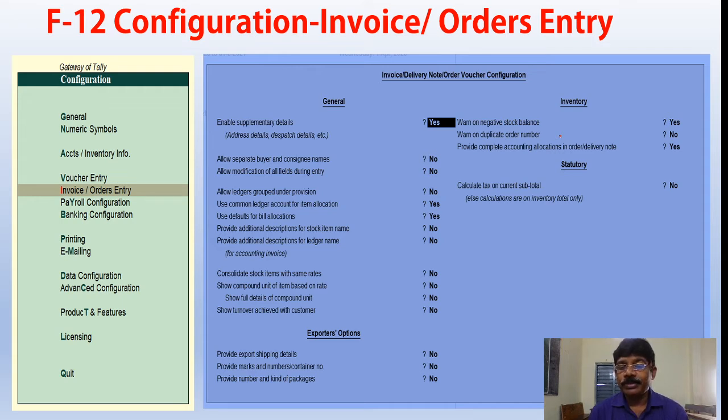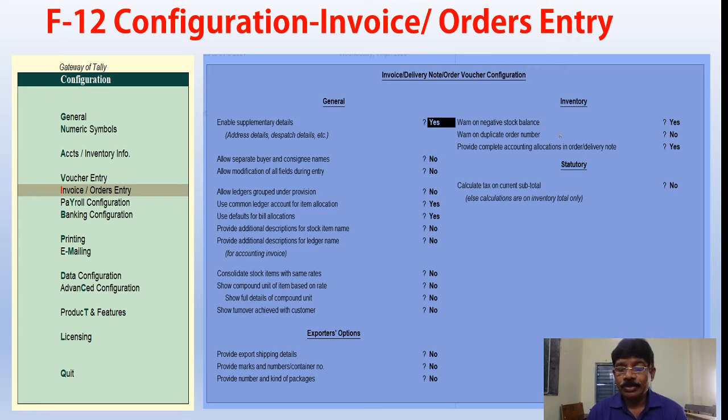Compound unit item based on rate. Full details of compound unit. Show turnover achieved with the customer. Customer wise also we can identify the sales. These are the general invoice or purchase order, sales order options.